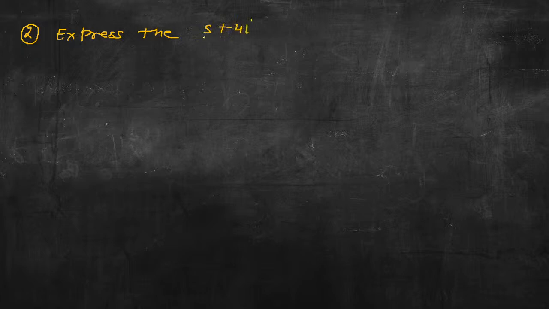So try to make your approach at all. Okay, the second question. Express the number given to you, that is 5 plus 4 iota divided by 4 plus 5 iota, in the form of a complex number.